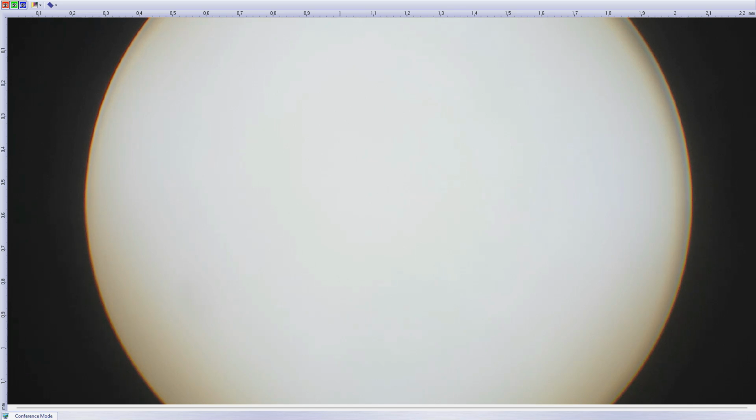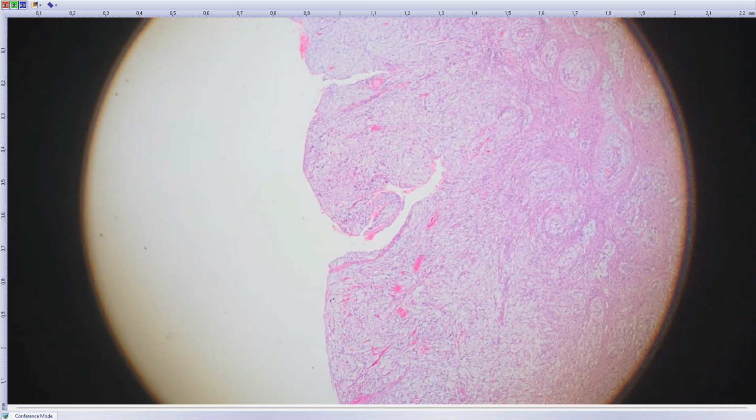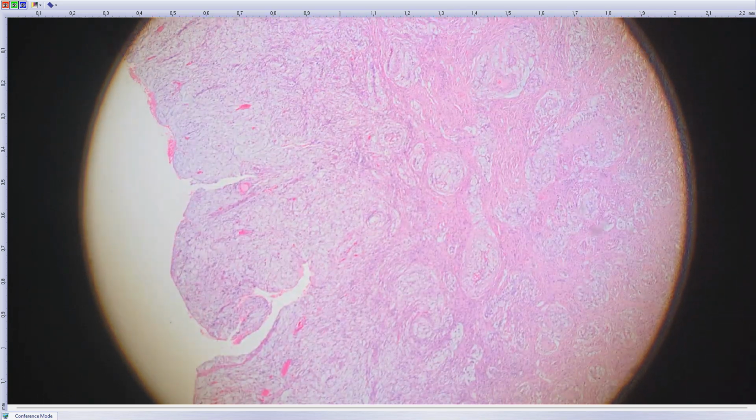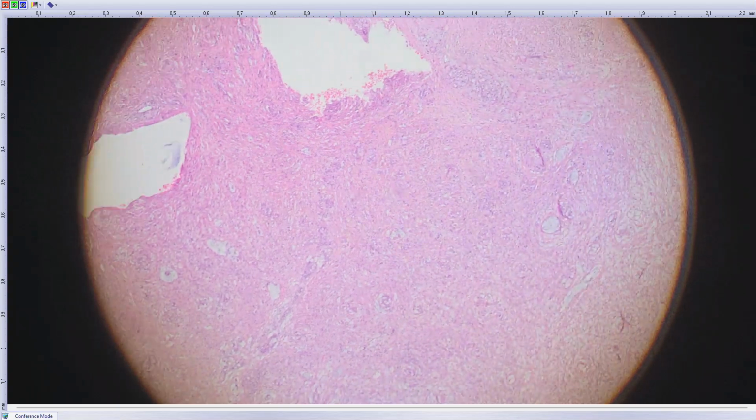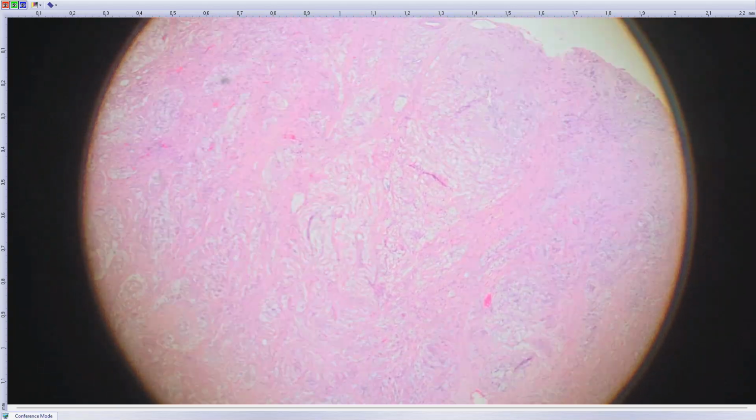Another case is a biopsy from the uterus, and the patient is an older patient, born 1949, and the clinical diagnosis was leiomyoma of the uterus. And here's what we see in the specimen, which was supposed to be leiomyoma.